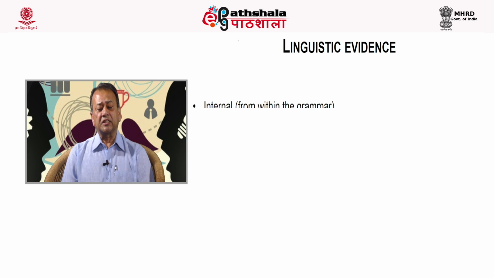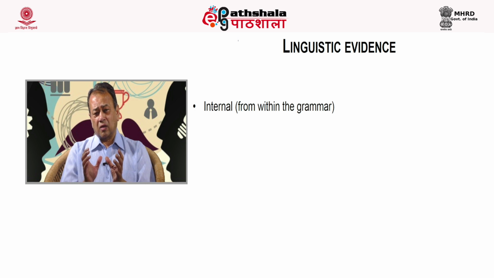Then finally, linguistic evidence. What kind of evidence is sought in these two approaches? In formal approaches, the evidence is entirely internal. That is, whatever arguments you make in formal approaches, the arguments are essentially based on the system that you are investigating.